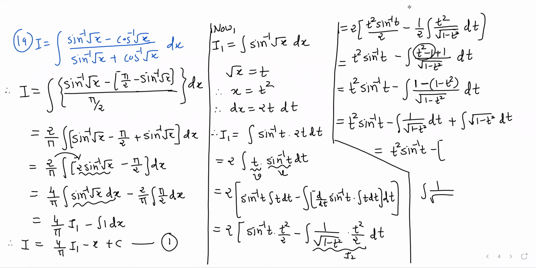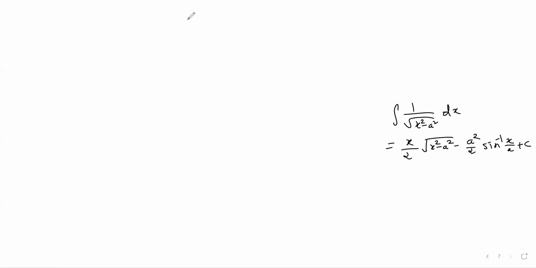What is the original formula? 1 upon under root x square minus a square dx is equal to x by 2 under root x square minus a square by 2 sin inverse x by a plus c, and integration of x square minus a square dx is sin inverse x by a plus c.